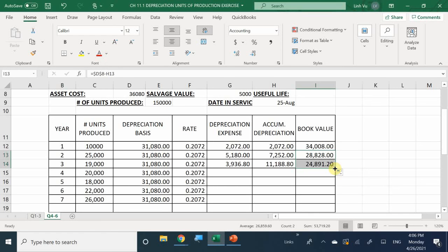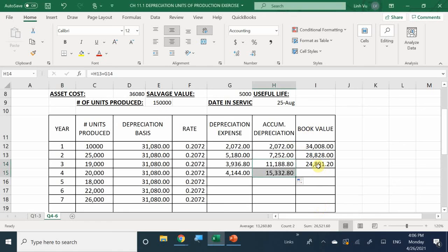What about my depreciation expense for year 4? $4,144. Okay, good. And then $15,322.80. Good.